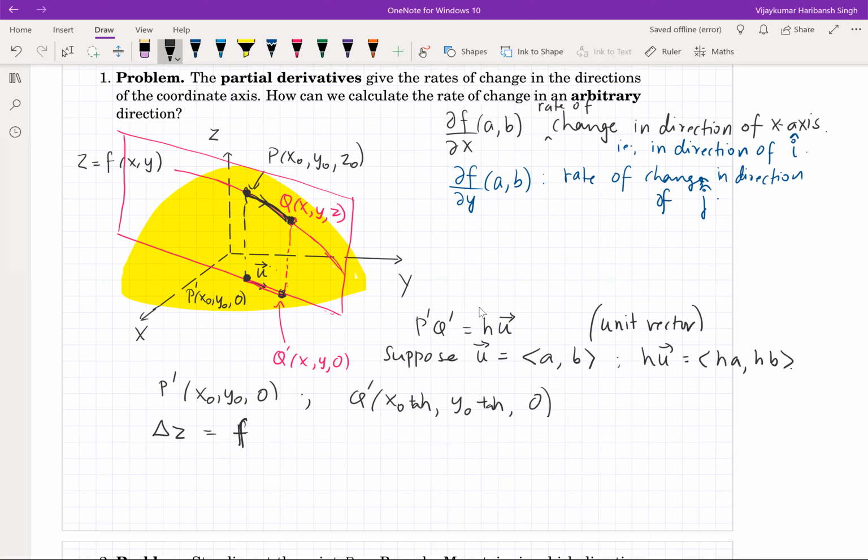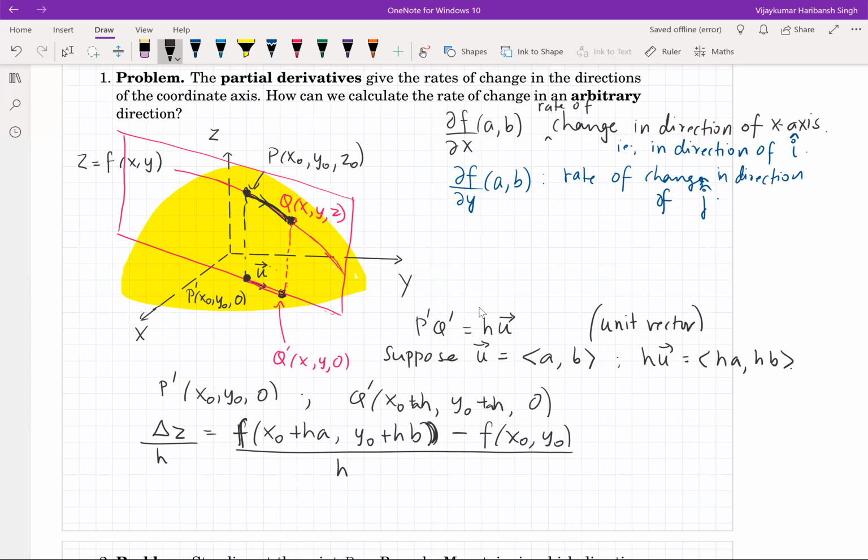So the change in the function I get is f of (x naught plus ha, y naught plus hb) minus f of (x naught, y naught), and then divided by h. And this will be the change from P to Q.